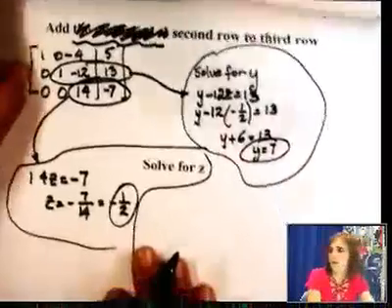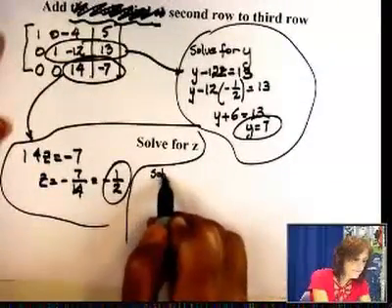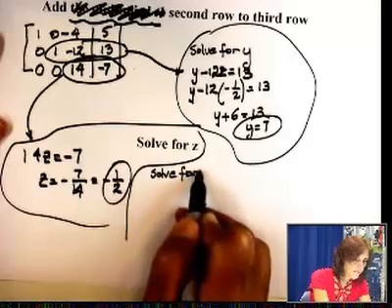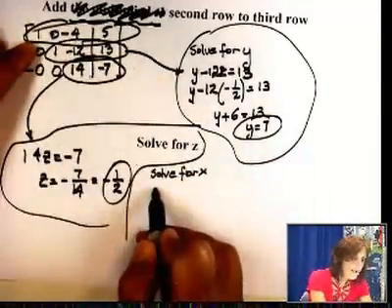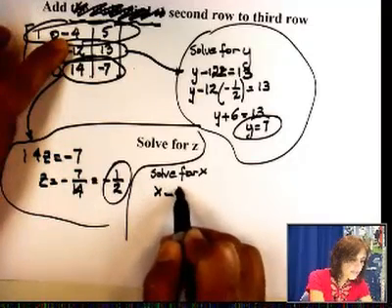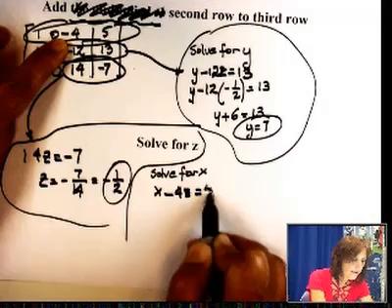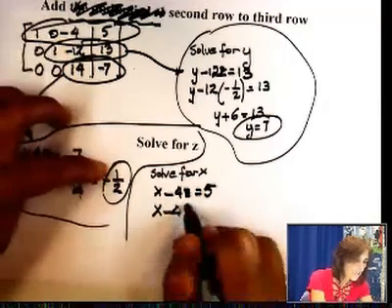Now let's solve for x. So let's go use the first row. 1x plus 0y minus 4z equals 5. So x minus 4, what was z? Negative 1/2.